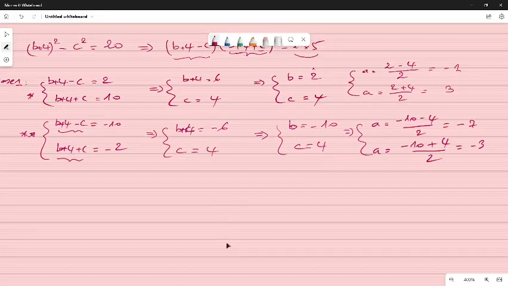So we have 4 situations. The first is b equals 2. We take the first case, in case 1, a equals minus 1.